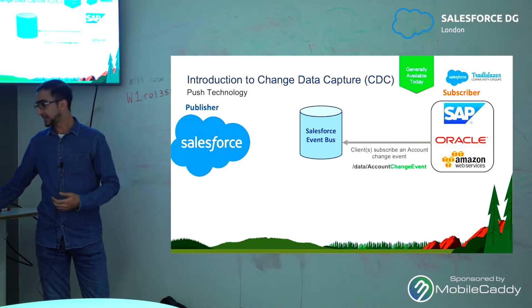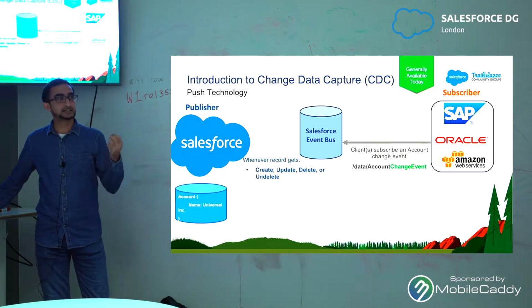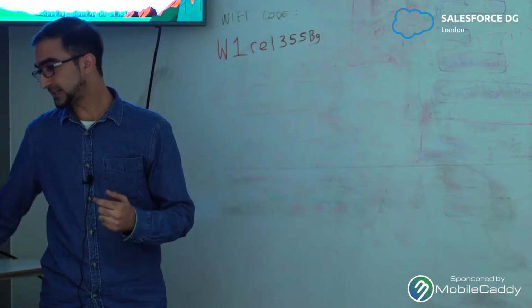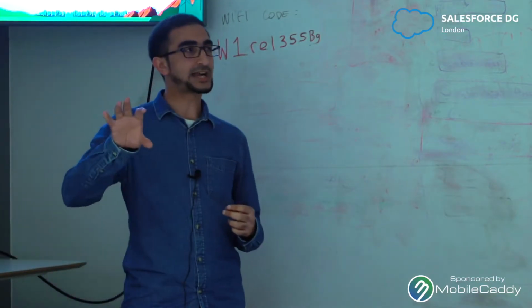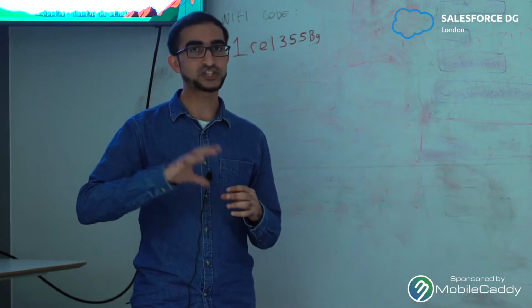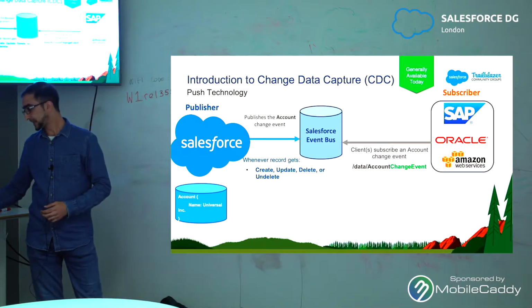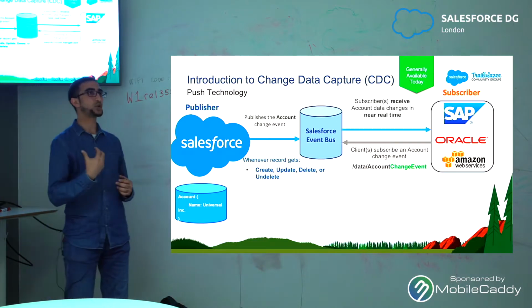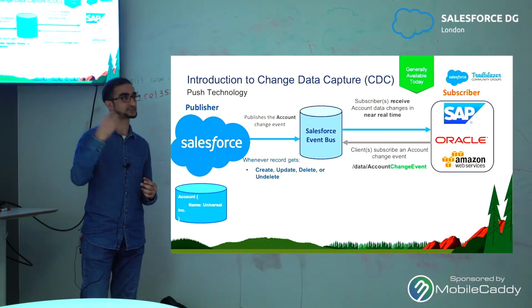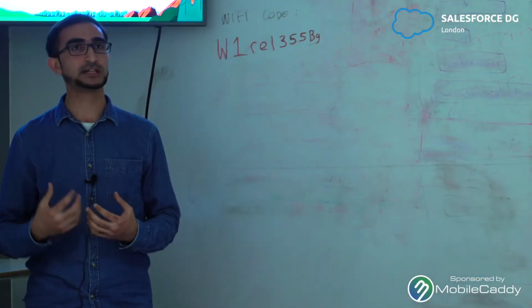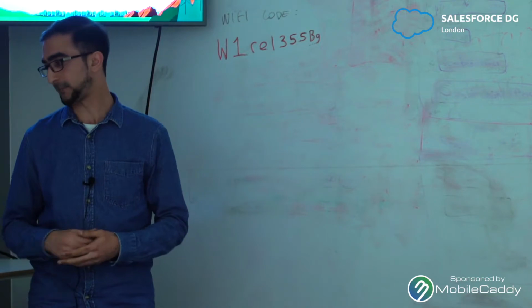Then as soon as a record gets created, updated, deleted, or even undeleted in Salesforce, Salesforce publishes that account change event, or any object change event, to the Salesforce event bus. From there, subscribers who have already subscribed to that change event will receive those change events in real time, almost near real time.